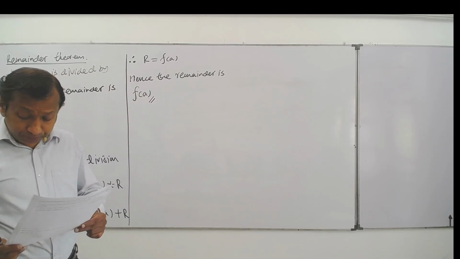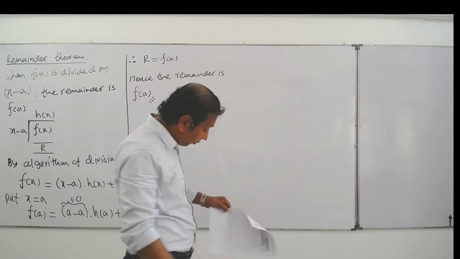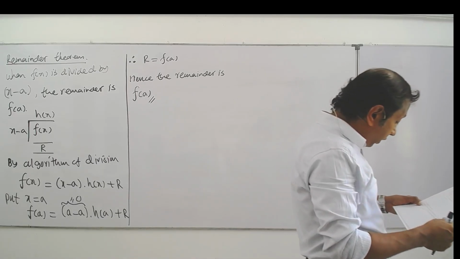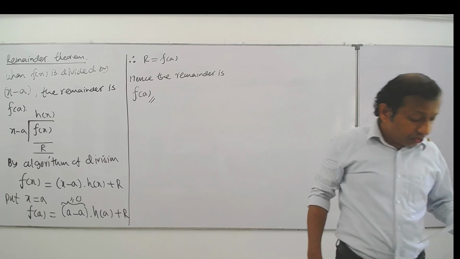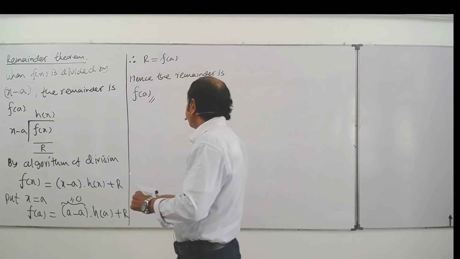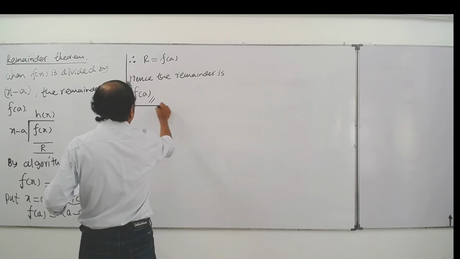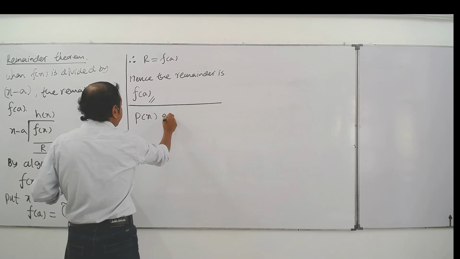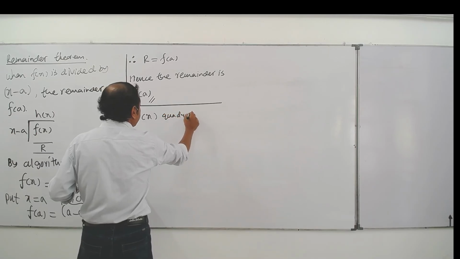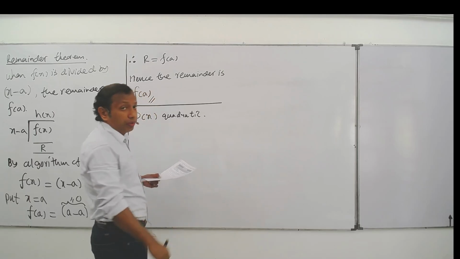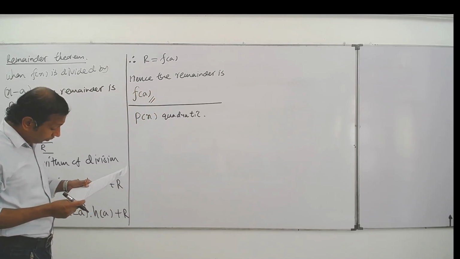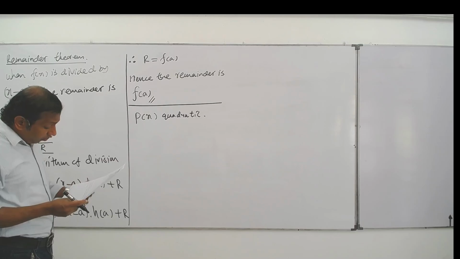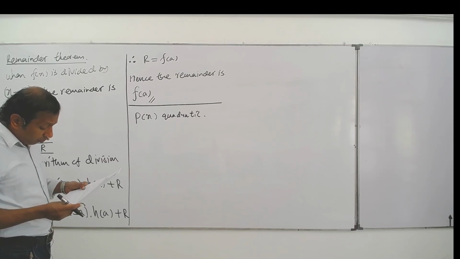Our next part. A quadratic polynomial p(x) has remainders 6, 2 and 1 when divided by x minus 1, x minus 2, x minus 3.